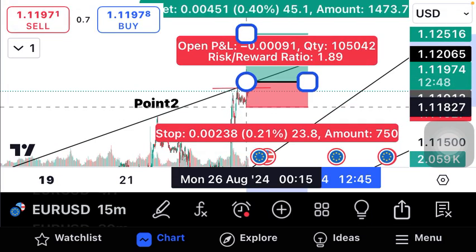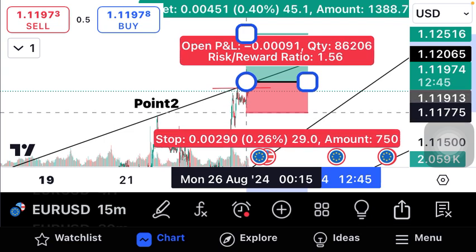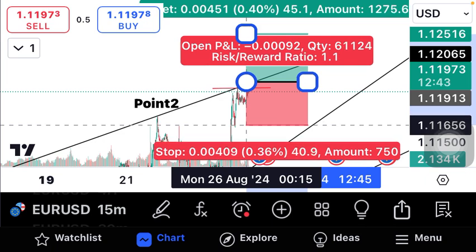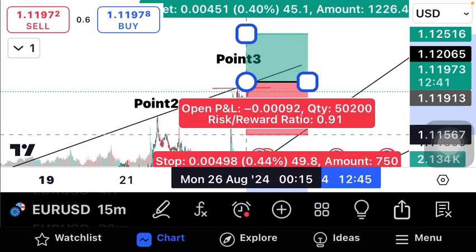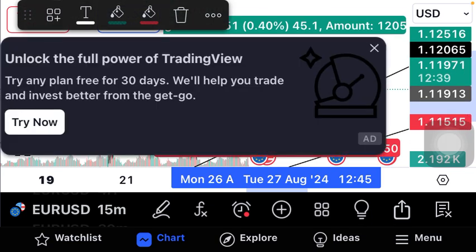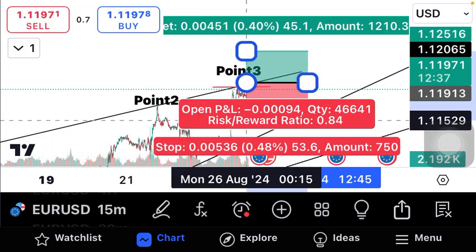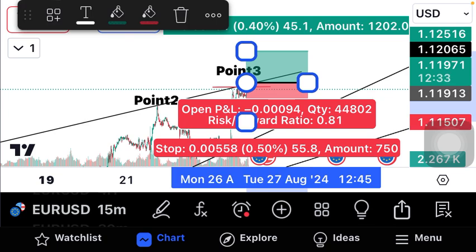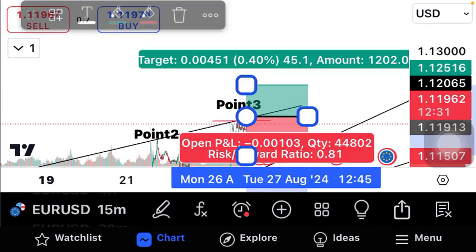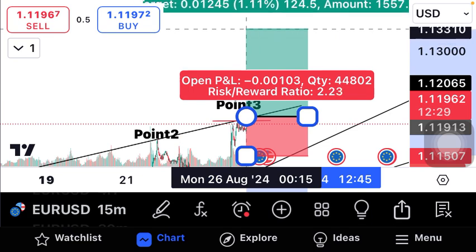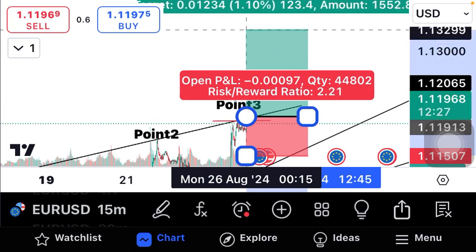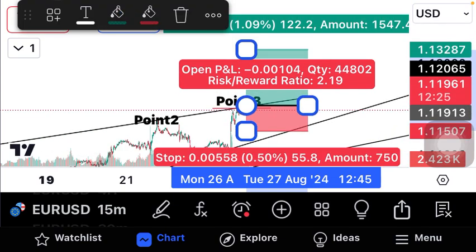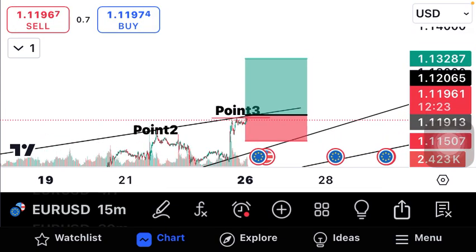We are risking 0.5 per trade. If we are risking 0.5, let's get 1%.